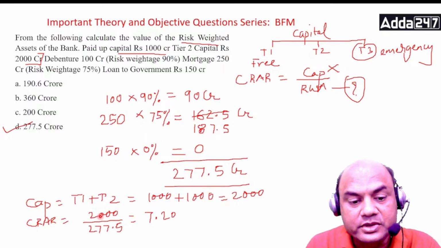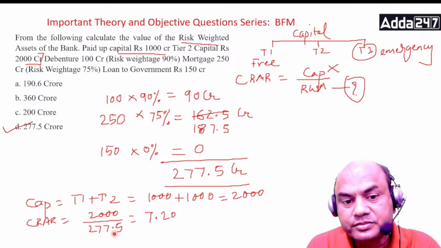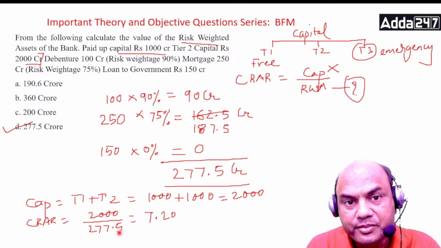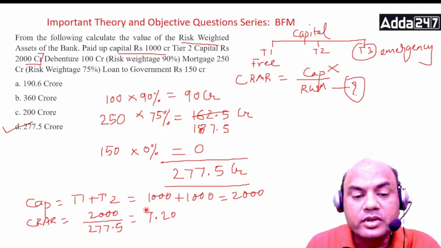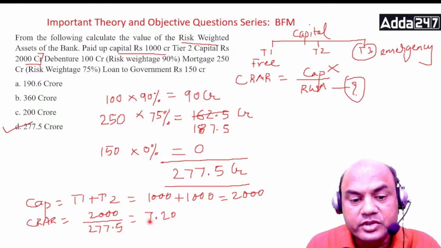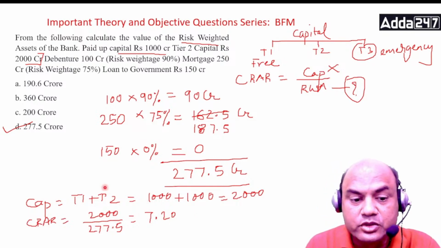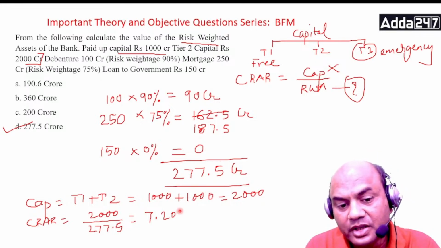So CRAR equals capital upon RWA, 2000 upon 277.5. It is always multiplied by 100. So 7.2 into 100, it's huge. This means you are having a huge capital with respect to the loans. It is 720% if you calculate it.